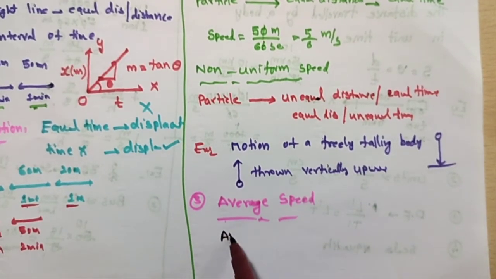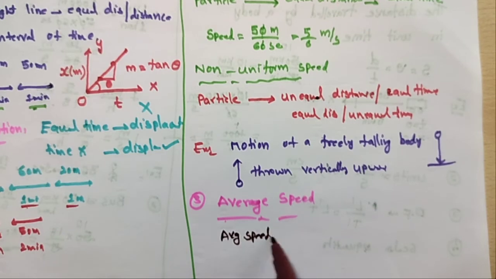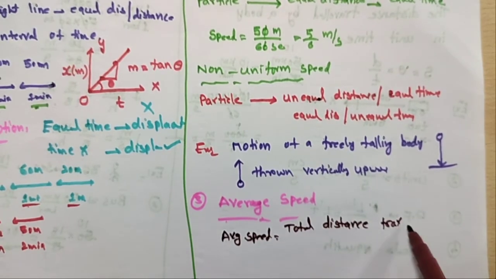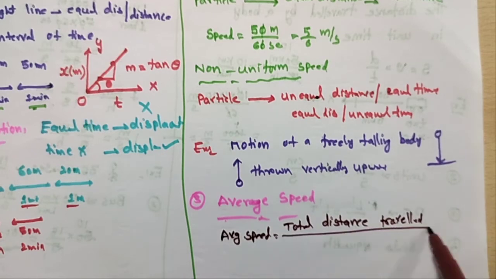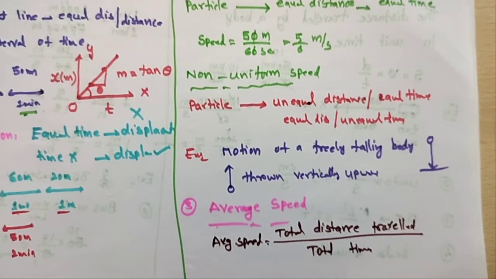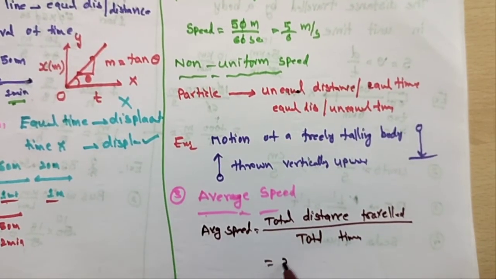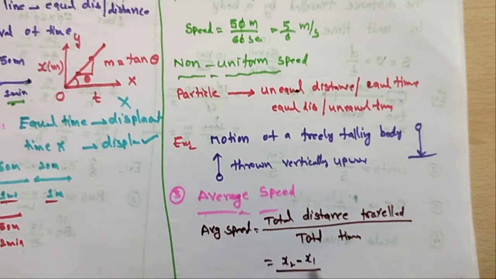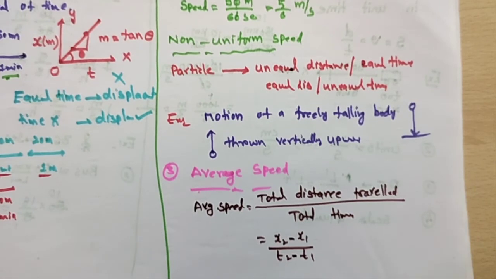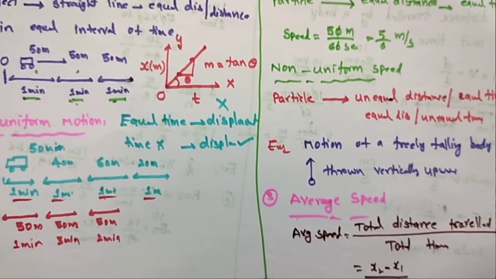Average speed is equal to the total distance traveled by the total time. So here I am taking x2 minus x1 by t2 minus t1, where x1 and x2 are the positions of the object.